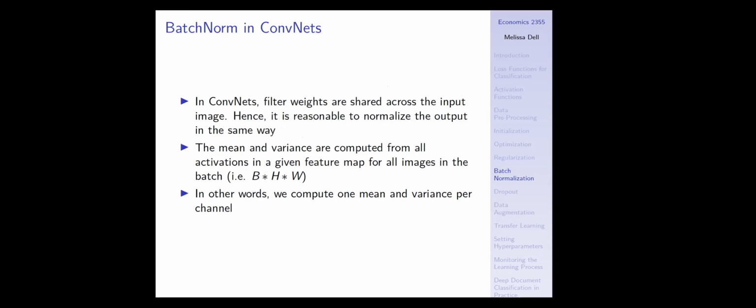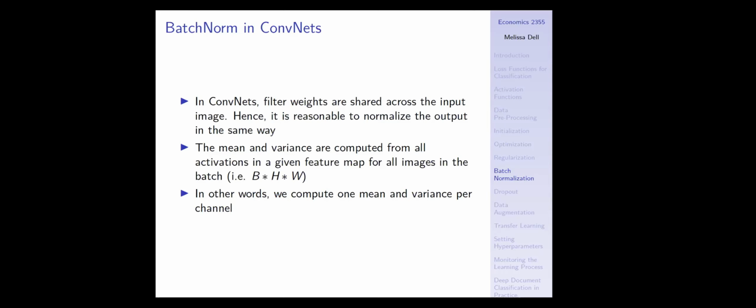So how does this work in practice? Well, in ConvNets, we have these filter weights that are shared across the input image, and hence it's reasonable to normalize the output in the same way. What this means in practice is that when you apply these batch norm layers in ConvNets, the mean and variance are computed from all the activations in a given feature map for all images in the batch.